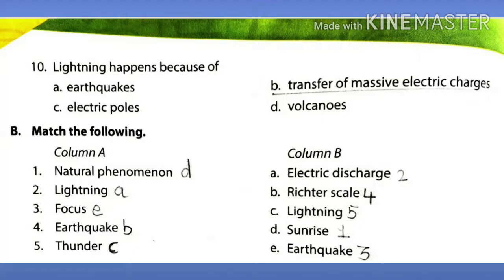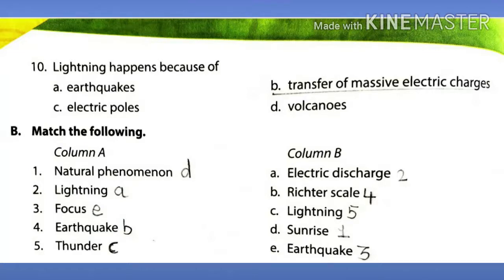Fourth, earthquake. Answer is option number B, Richter scale. Fifth, thunder. Answer is option number C, lightning. So, this is the answer. And students, you don't have to write MCQ and match in the notebook.